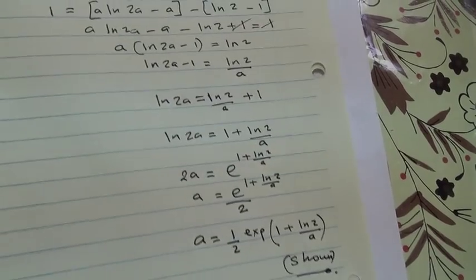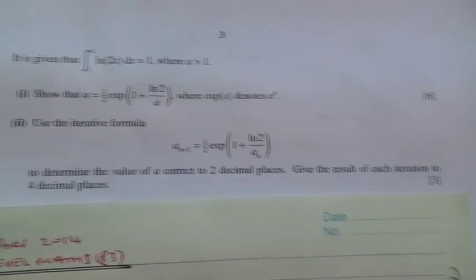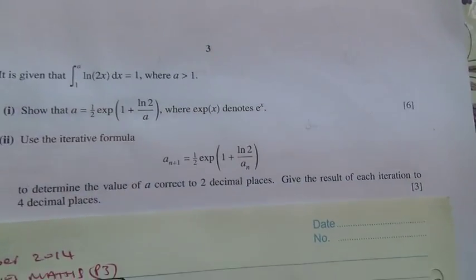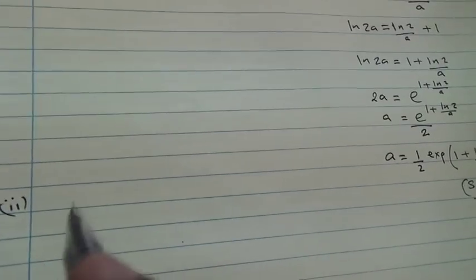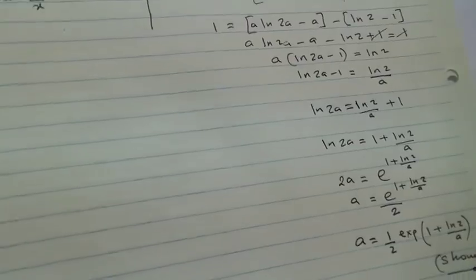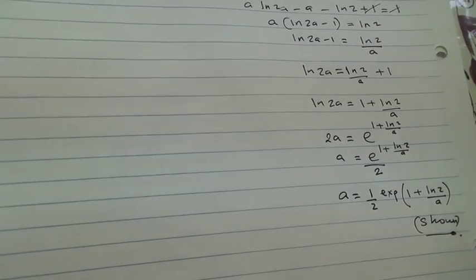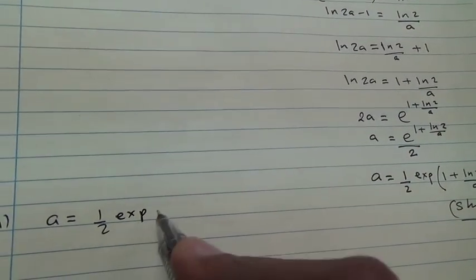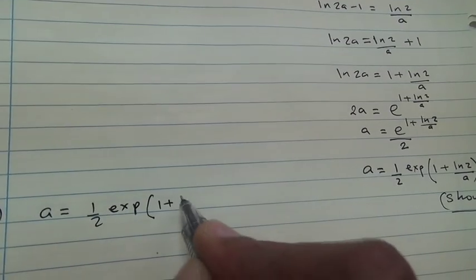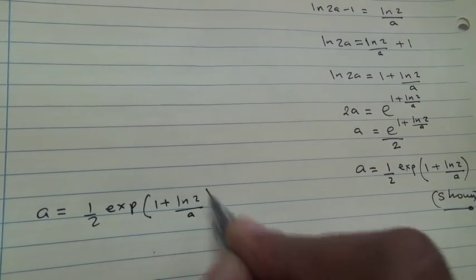Now for the second part, we use the iterative formula. So what is the iterative formula? We have the iterative formula in the question, and this is given as a is equal to half the exponential of 1 plus ln 2 over a.